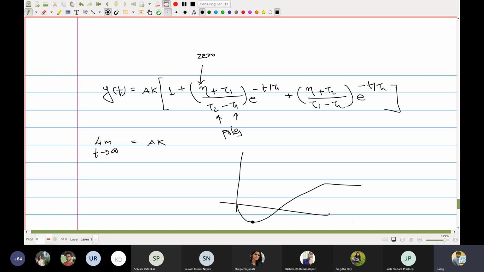Second thing, as you go on increasing the number of poles in the transfer function, which means you go on increasing the order of the system, the dynamics becomes more and more sluggish. The dynamics becomes faster and at times over-enthusiastic when you add zeros to the system.